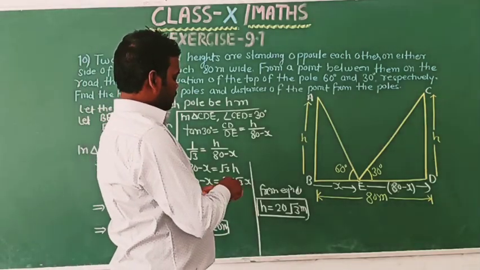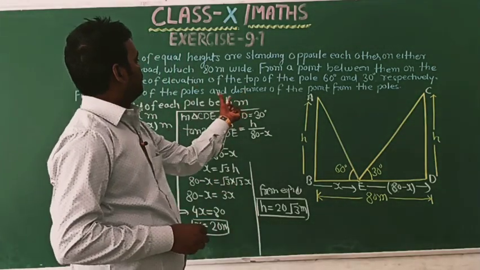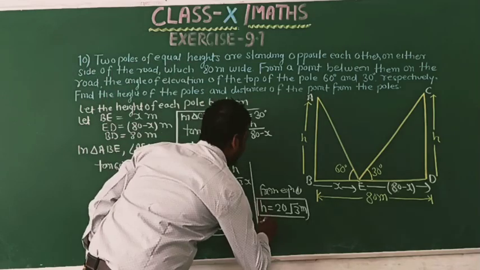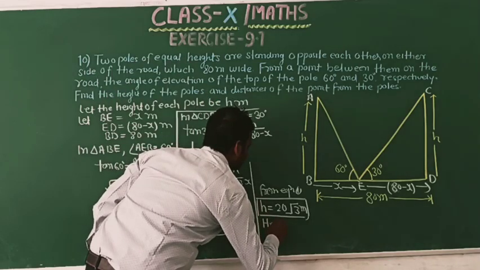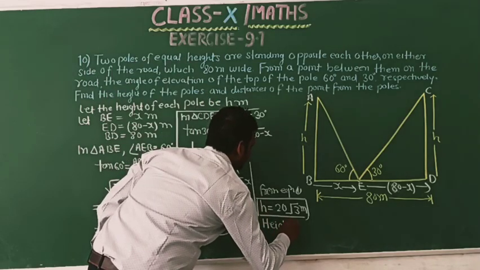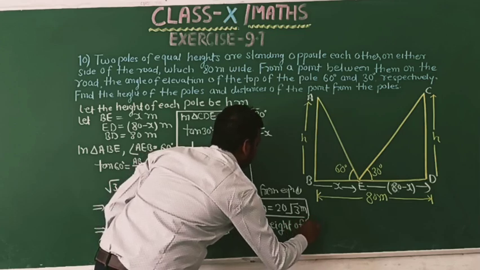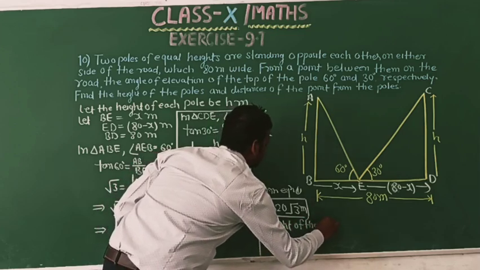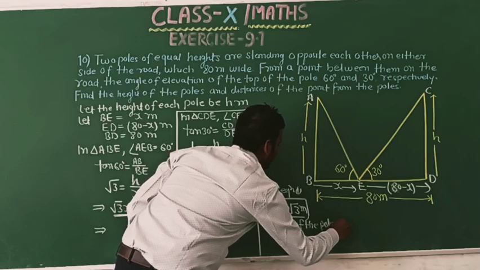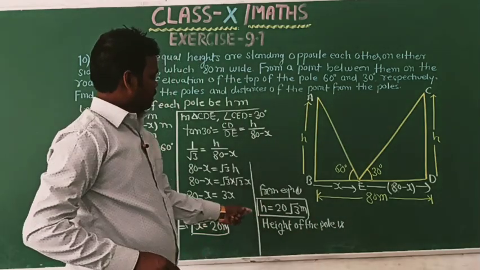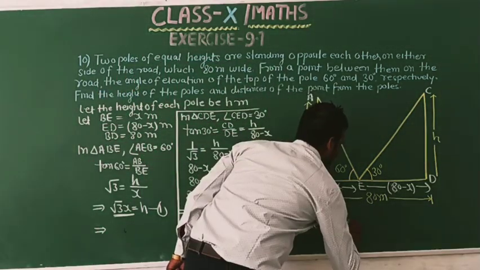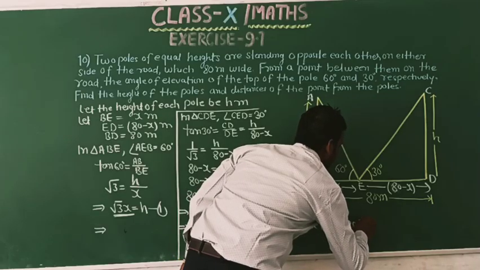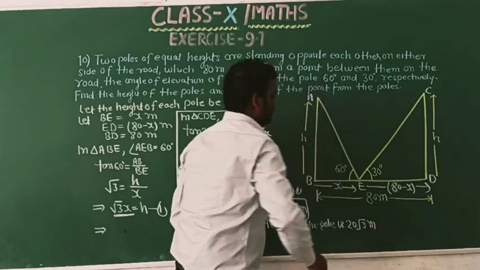So therefore we have found the height of the pole. The height of the pole is 20 root 3 meter.